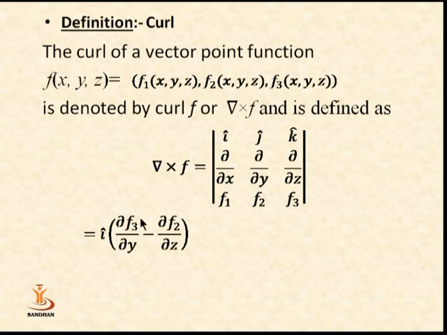Here we can see the expansion of the determinant. We know that if we take i bar, at that time we do the cross multiplication. First we use the second and third columns, and do the cross multiplication in this way, del f3 upon del y, minus the differentiation of f2 upon del z.